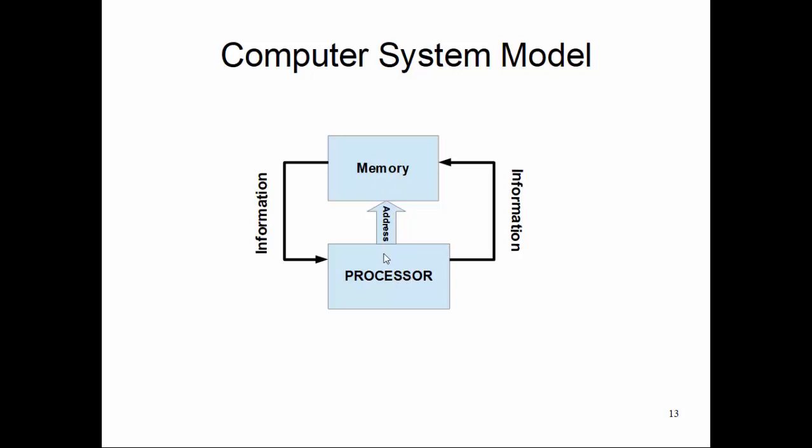Every time the processor produces an address with which it needs to exchange information, either it needs to write into the memory or read from the memory. So this is the first simplistic view that we'll be starting with: a memory system and a processor, the two major members of a modern computing system.